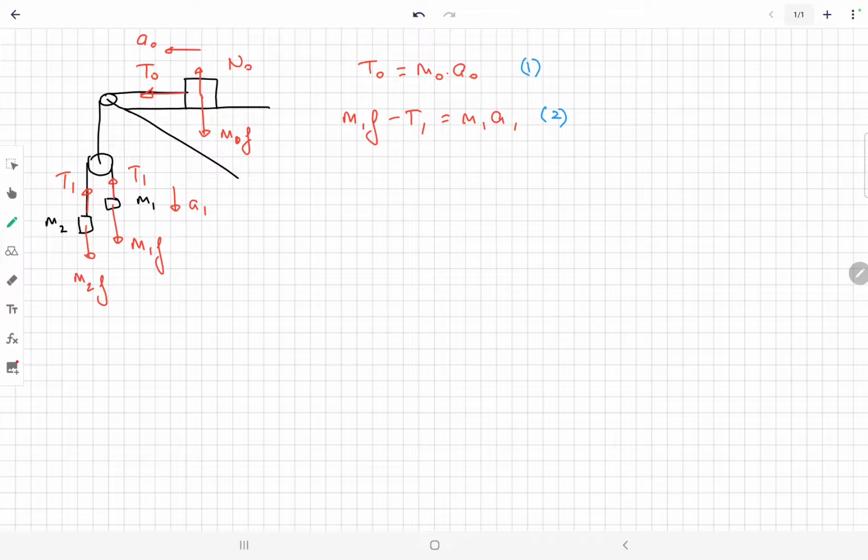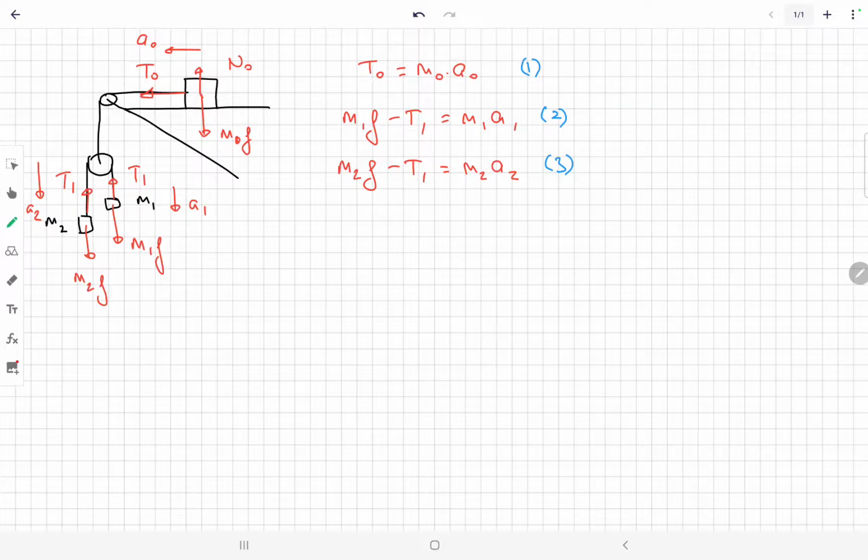Maybe it will move upward according to the pulley, but since M0 is moving to the left, for someone who is watching from outside, it may move downward. So let's call it A2 and assume it will be moving downward. So Newton's second law for this object will be: downward we have M2G minus T1 equal to M2A2. Let's number it equation 3.